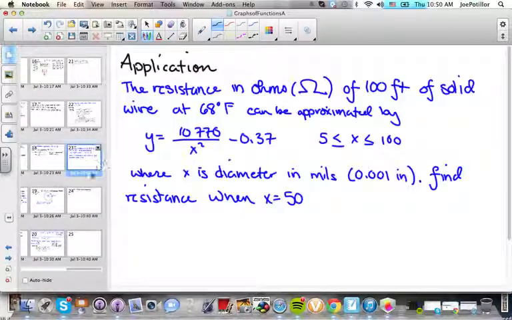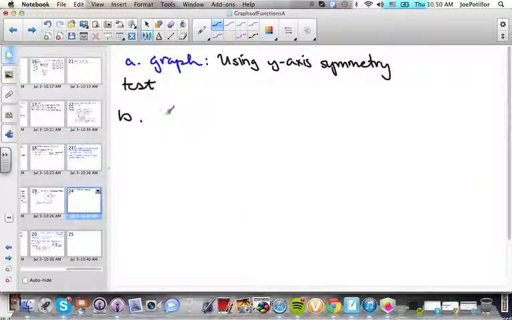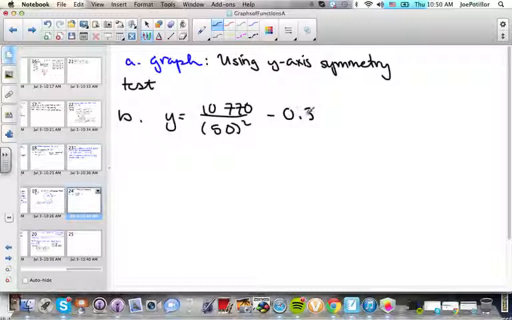So we end up with y is equal to 10,770 divided by 50 squared minus 0.37. I'm sure none of you are able to do that in your head.